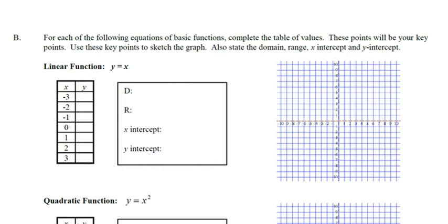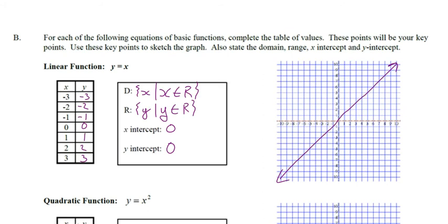Next page. For each of the following equations of basic functions, complete the table of values. These points will be your key points. Use the key points to sketch the graph. Also state the domain, range, x-intercept, and y-intercept. Okay, do it.